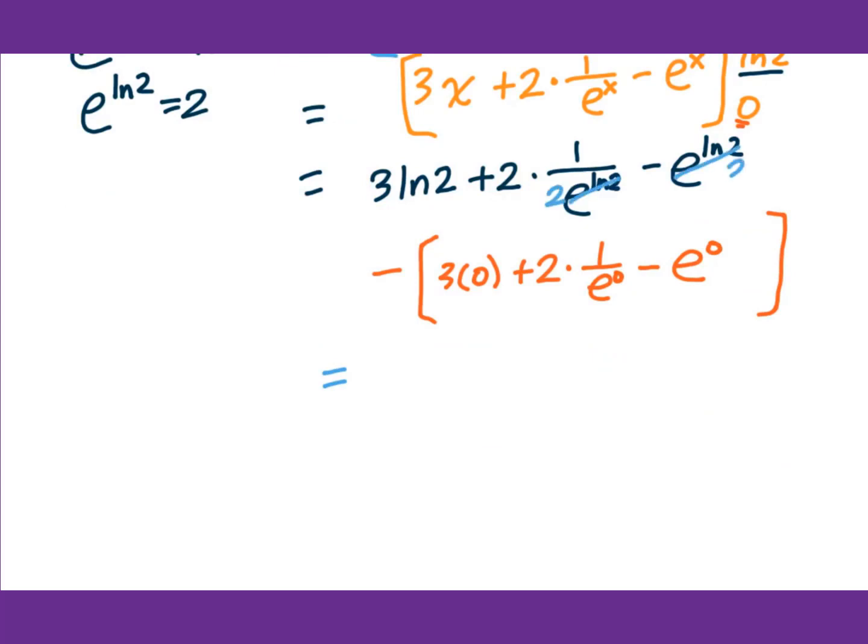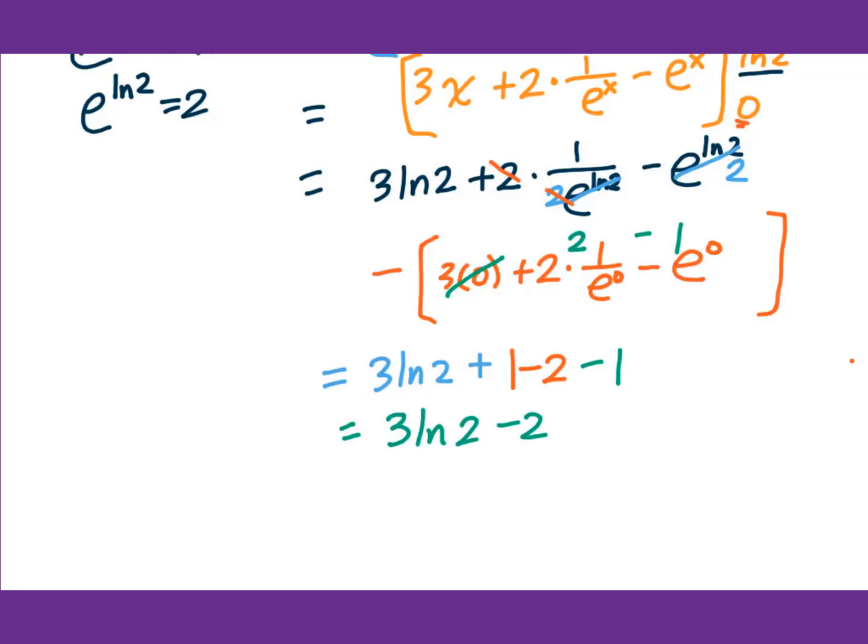This gives you 2. 3 natural log of 2 plus, reduce, you will get the 1. Then minus 2. This will be 0. This gives you 2 minus 1. So you get the 1 minus 1. Combine like terms, you will get 3 natural log of 2 minus 2.